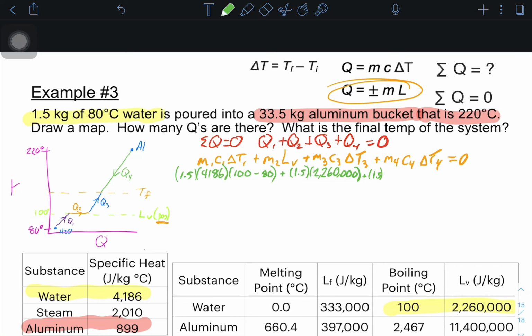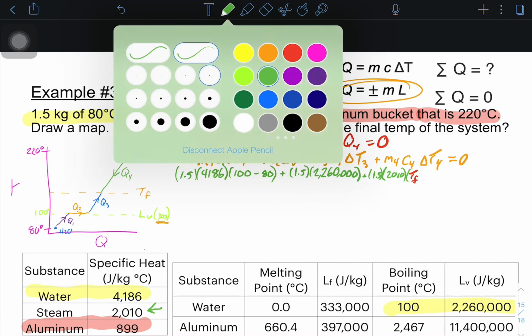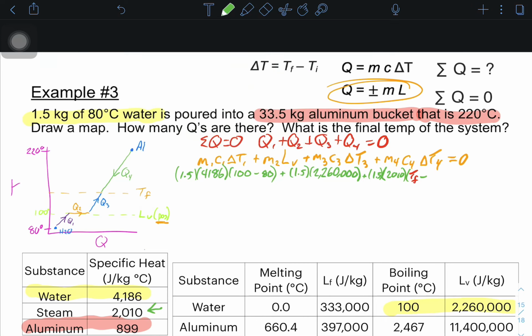Now that is no longer water. It is now steam, because I'm above that 100 degree mark. So it's 2010 times my final temperature, TF, minus what my Q3 started at, which is 100.